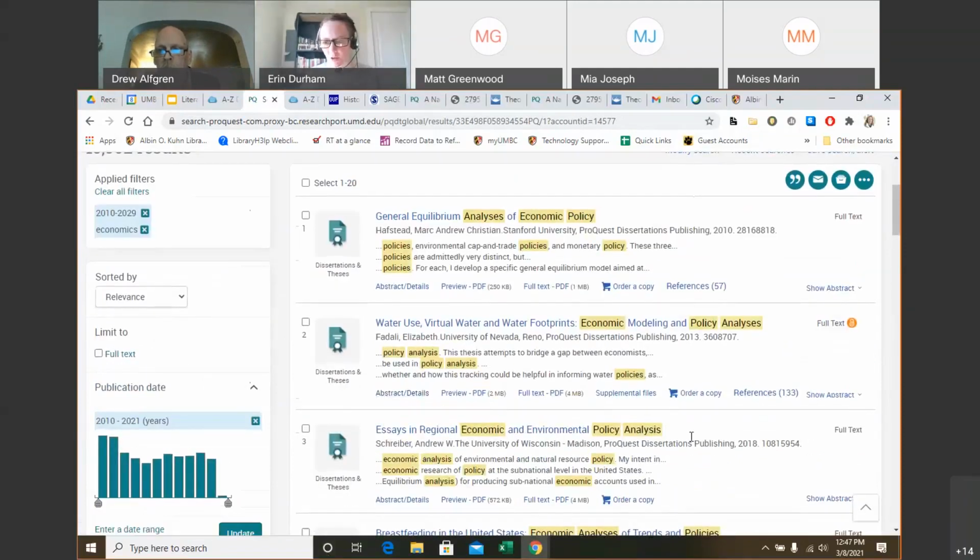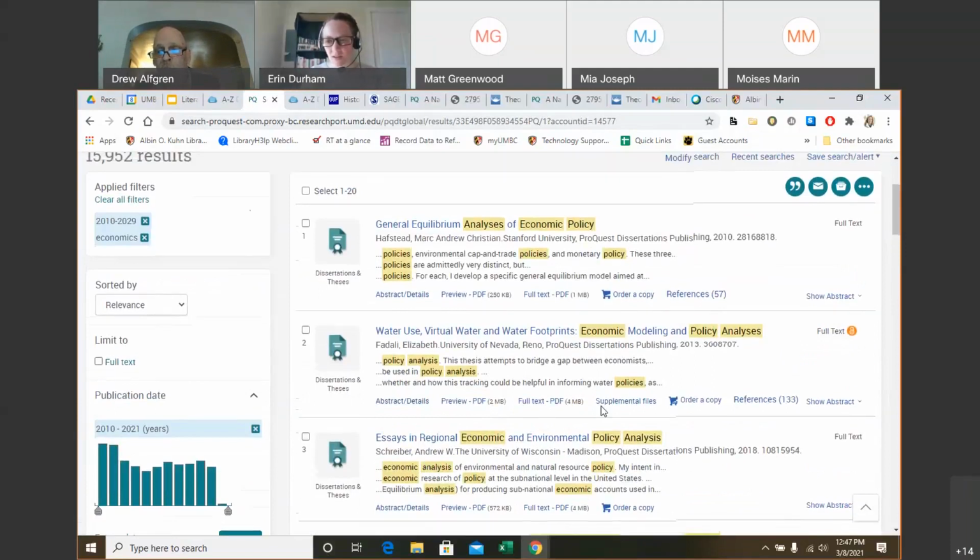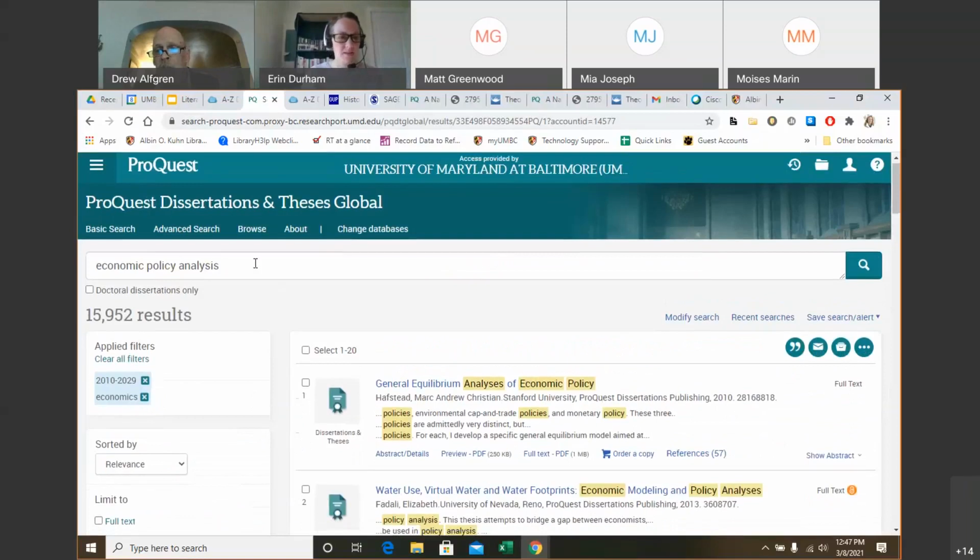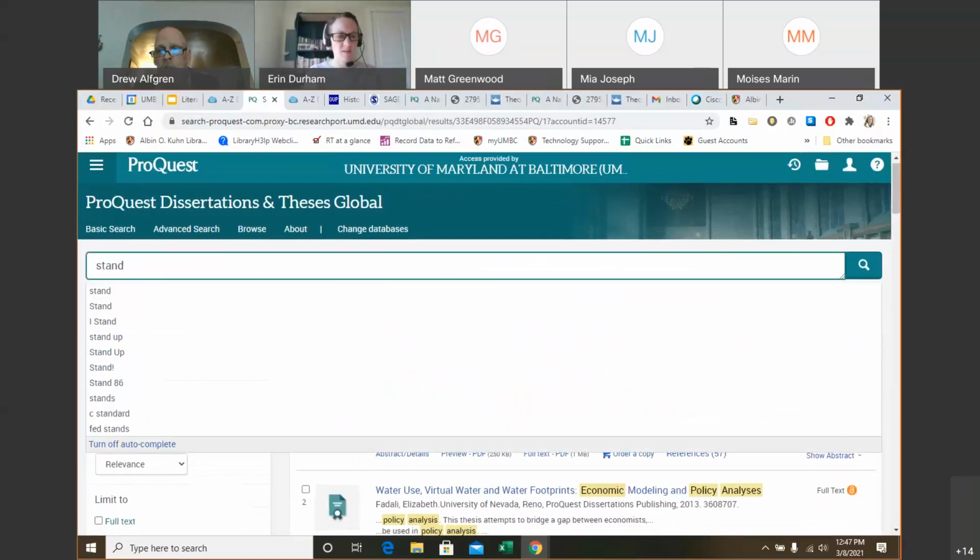We also had someone who was looking at effectiveness of standardized test scores and graduation rates, and college specifically.